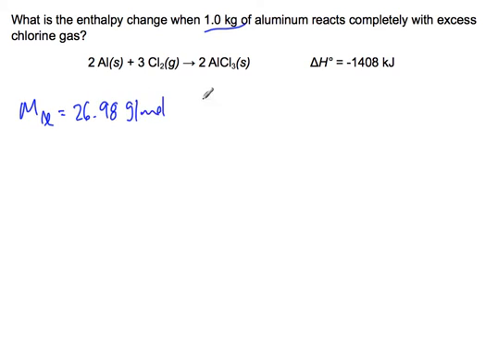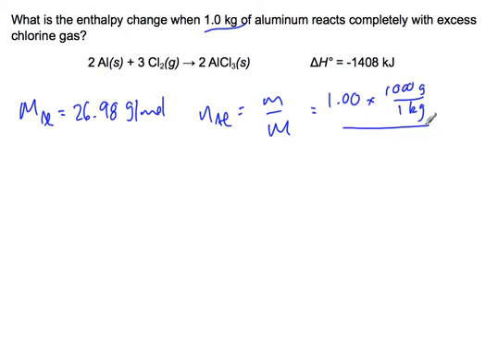So our first step is to determine the number of moles of aluminum: mass divided by molar mass, 1 kilogram, converted to grams, divided by 26.98 grams per mole. Kilograms are gone, grams are gone, and we're left with 37.1 moles of aluminum reacting with excess chlorine.